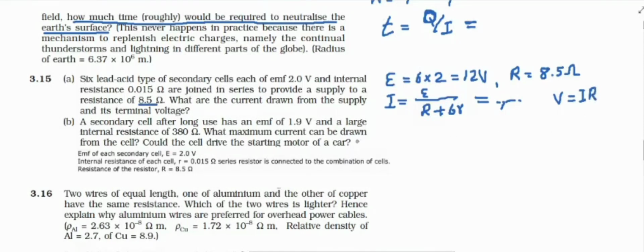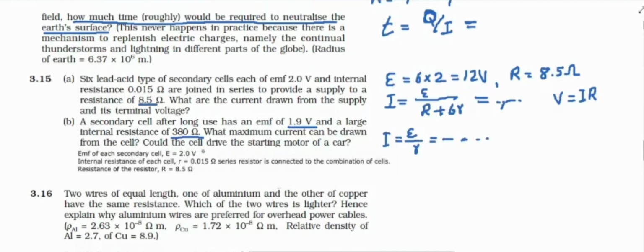V is equal to IR. Then a secondary cell after long use has an EMF of 1.9 volt and large internal resistance 380 ohm. What is the maximum current that can be drawn from the cell? Again, can use the formula I is equal to epsilon divided by r, which is the equation for maximum current.